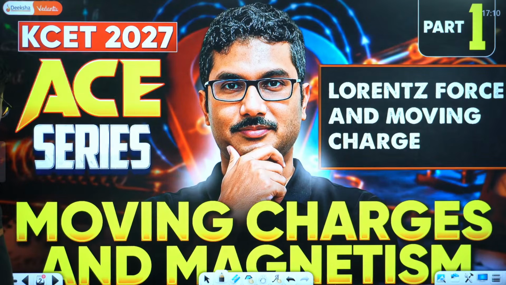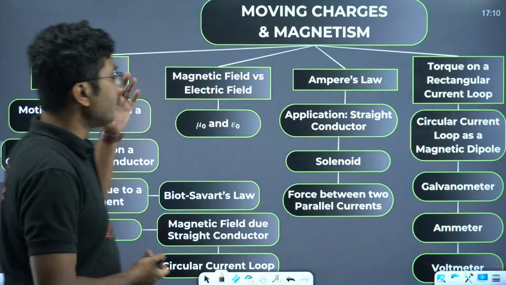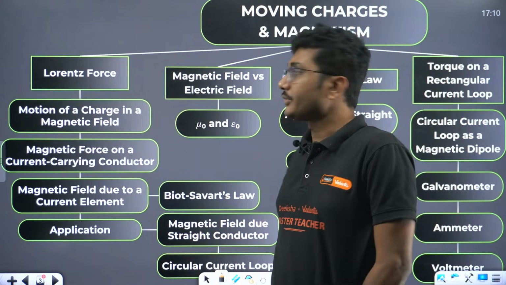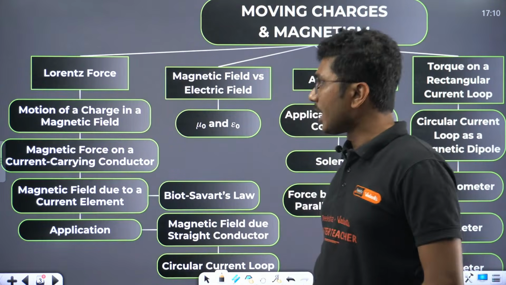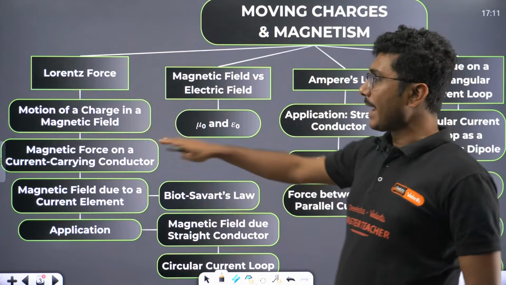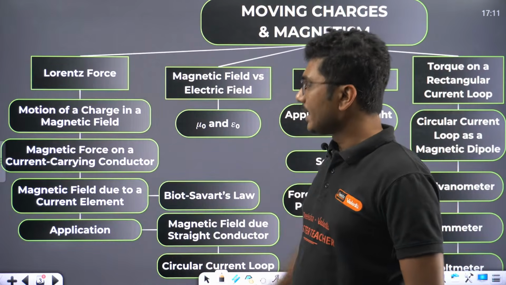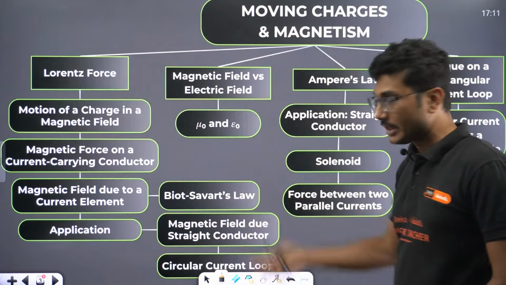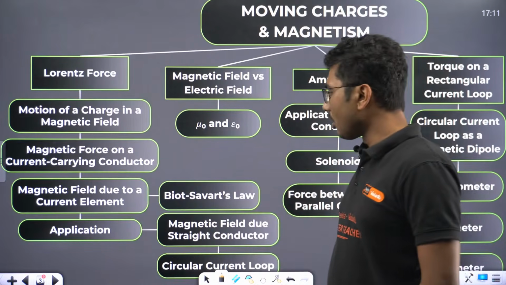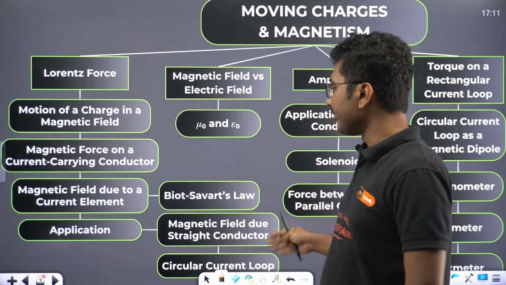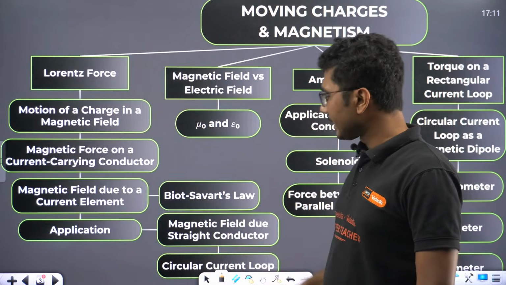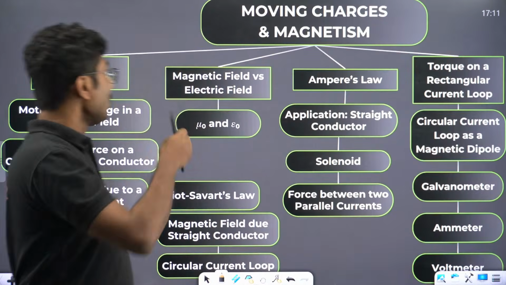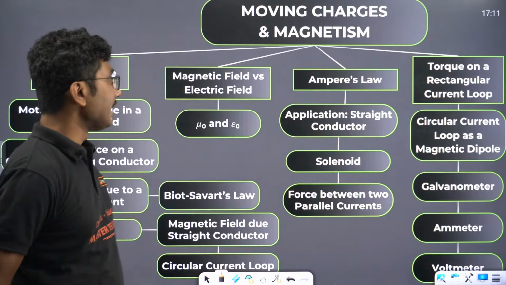Let's see the chapter construction. Here we have Lorentz forces, motion of a charge in a magnetic field, magnetic force on a current carrying conductor, magnetic field due to a current element and its applications. In Biot-Savart's law, we have magnetic field due to a straight conductor and circular current carrying loop. Other than that, we have a comparison between magnetic field and electric field.